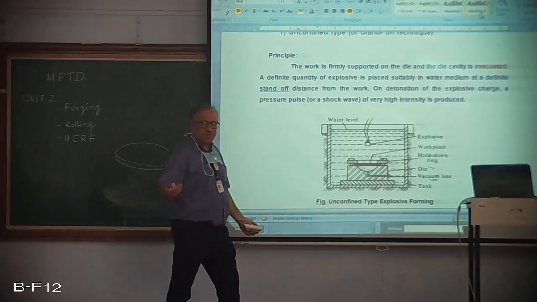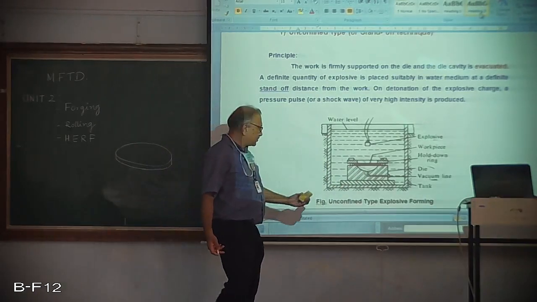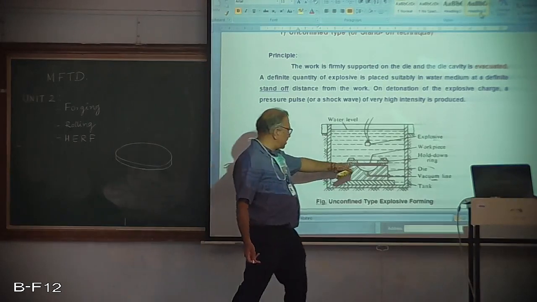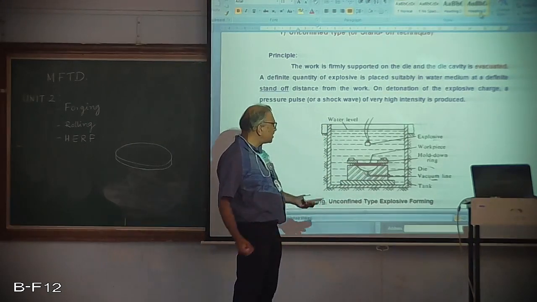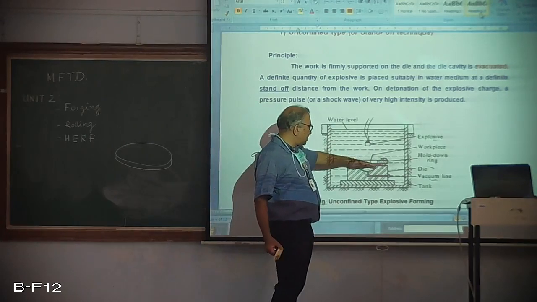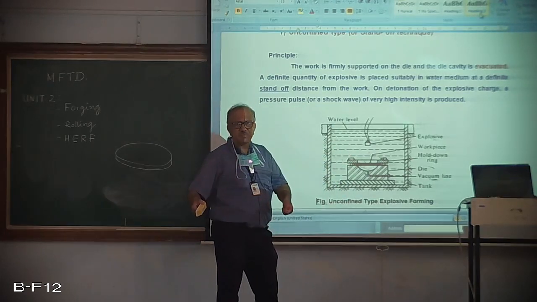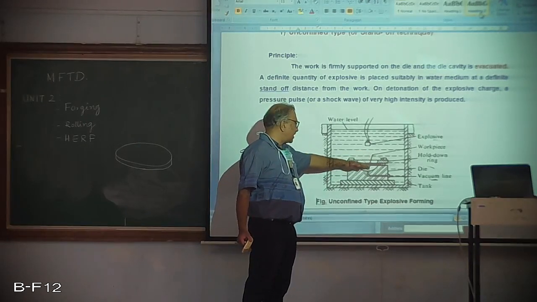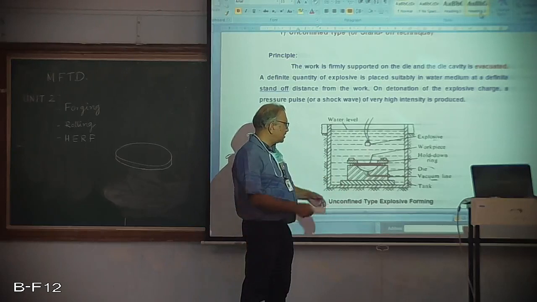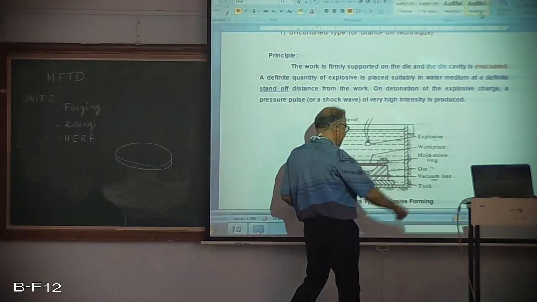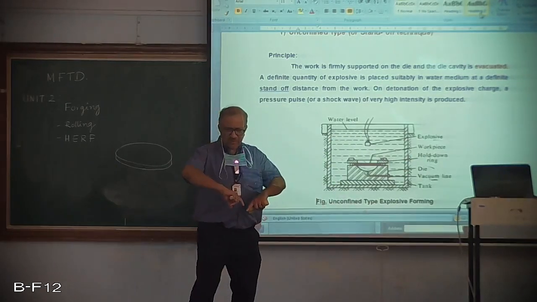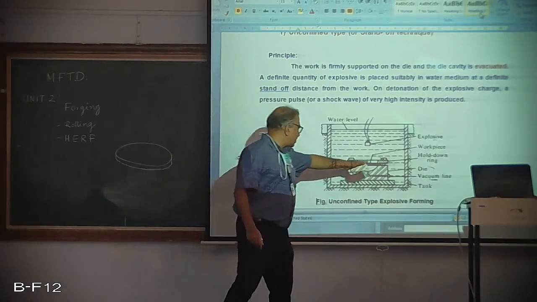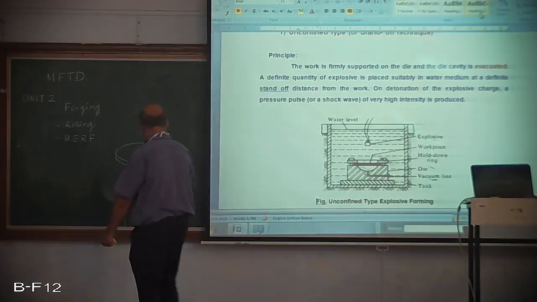It can be any complex shape as well, but for the purpose of simple explanation, a simple shape is shown, and the workpiece needs to be very firmly gripped above the die opening, the die cavity, and hold down ring, which is like an arrangement of bolts and nuts over and above.